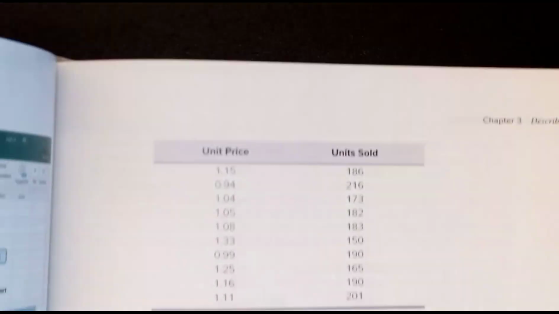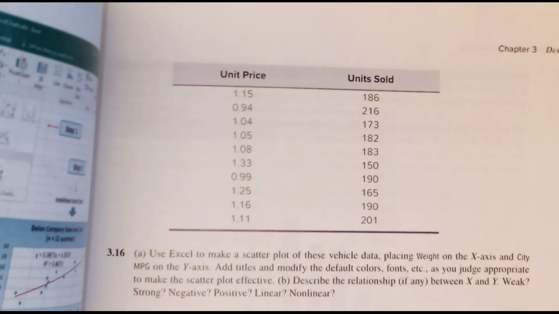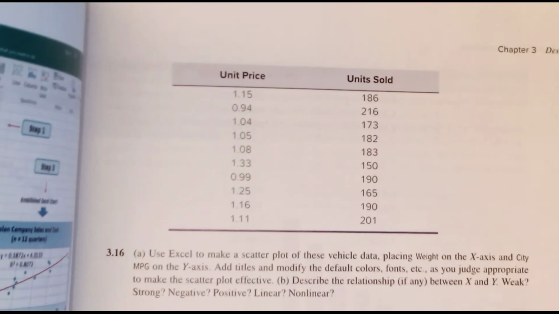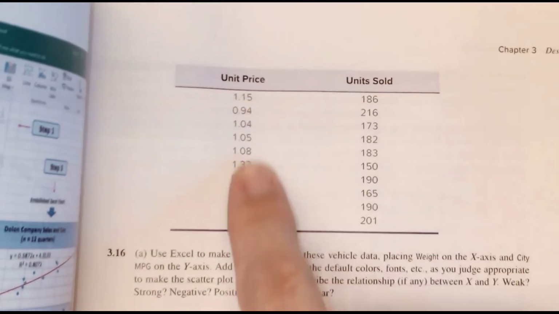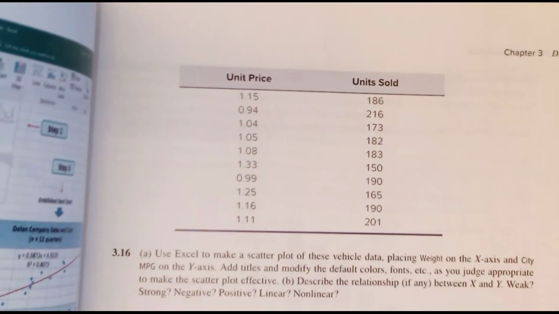Here, I want to look at prices versus sales. I want to compare these two together. We're selling bottled water 10 different weeks, same store, we change the price week to week. Well, price changes, units sold. Does price affect sales?